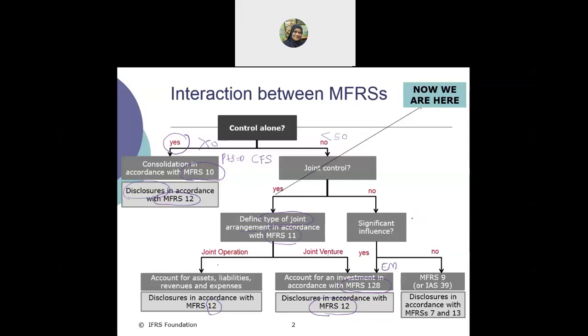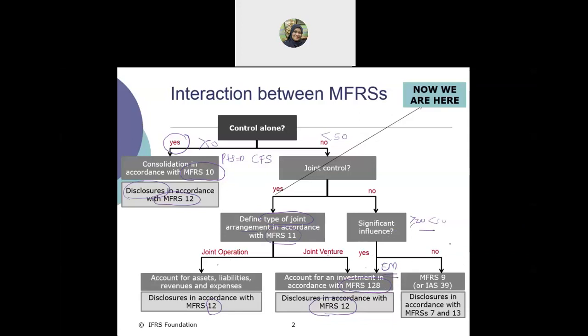Significant influence is normally tested based on the percentage of ownership. If you have more than 20% and less than 50%, then you are considered to have significant influence. Once you have significant influence, you account for it based on MFRS 128 using the equity method.